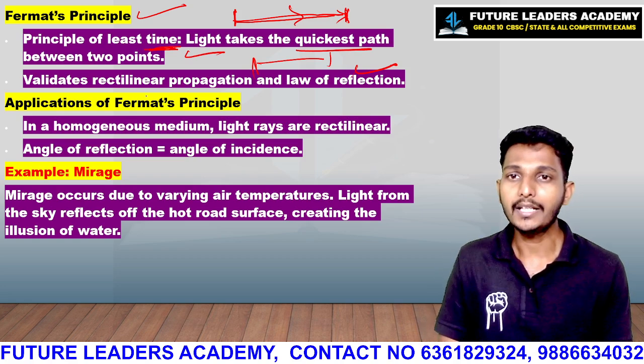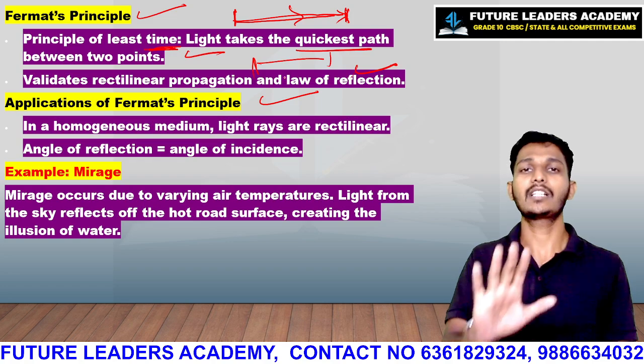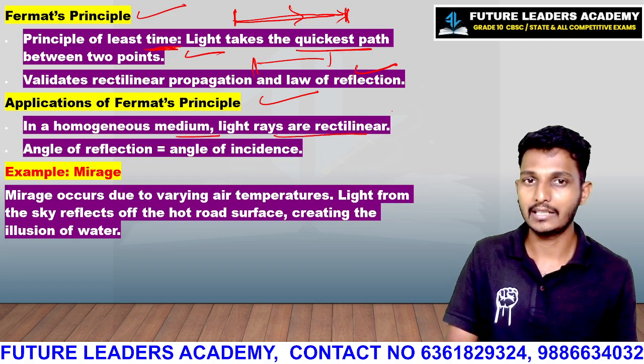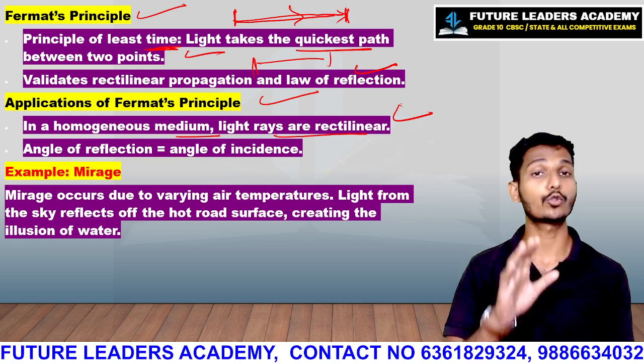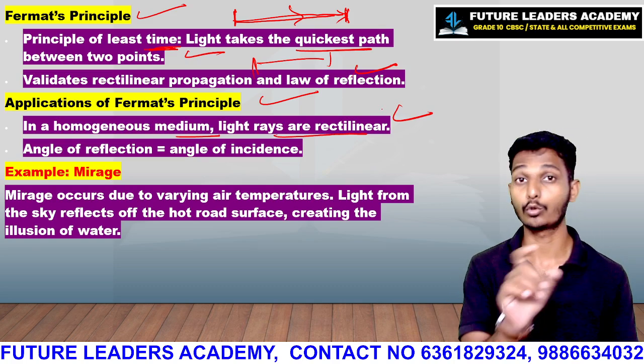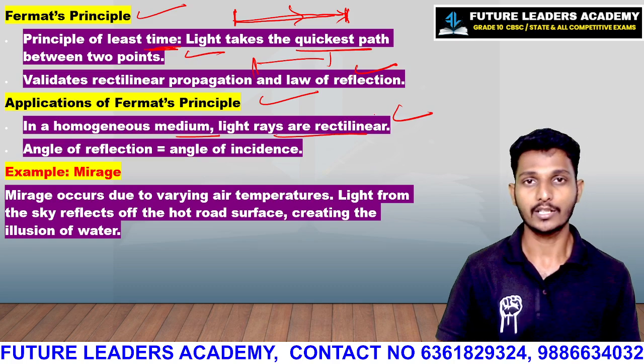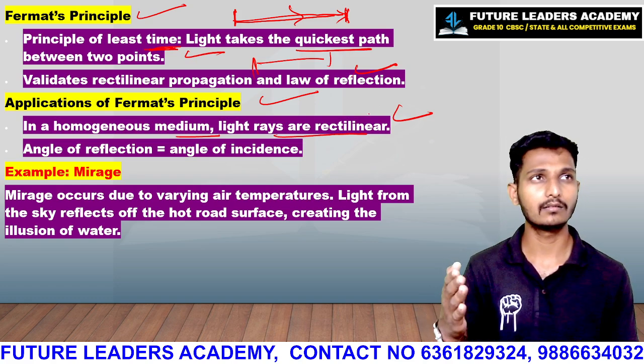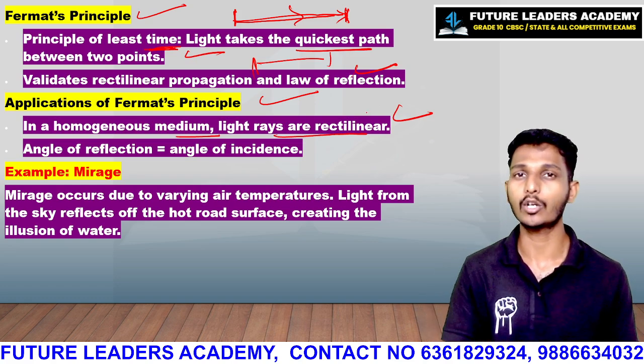Applications of Fermat's principle. What are the applications in our daily life? Listen. In a homogeneous medium, light rays are rectilinear. We can understand whether the medium is homogeneous or heterogeneous by passing a light ray. If the light ray is not in a straight line, we can consider it not homogeneous.